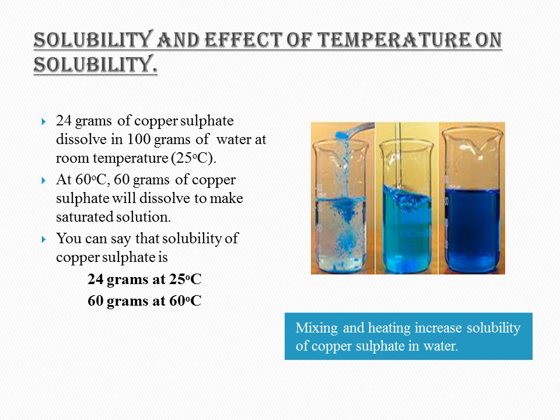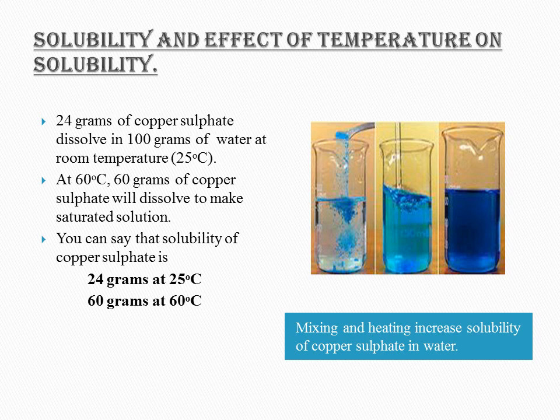We have learned that 24 grams of copper sulfate dissolve in 100 grams of water at room temperature, which is 25 degrees centigrade. But if we increase the temperature up to 60 degrees centigrade, then we can add more copper sulfate to that solution, up to 60 grams.